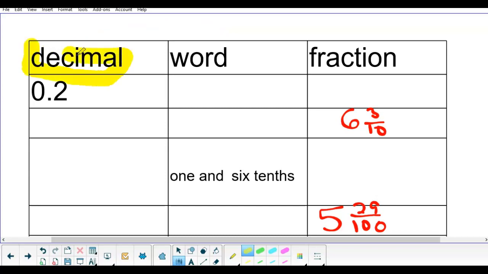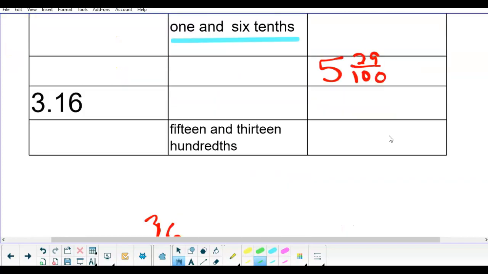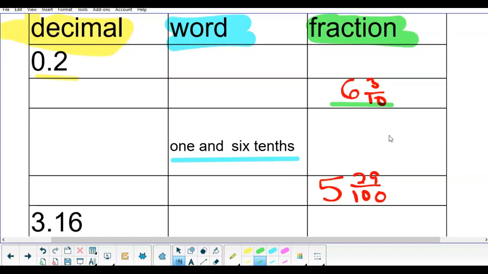So we have decimal form, we have word form, and we have fraction form. So if we notice, decimal form is written as a decimal. Word form is written in words. And fraction is written as fractions or mixed numbers. It depends on the problem.